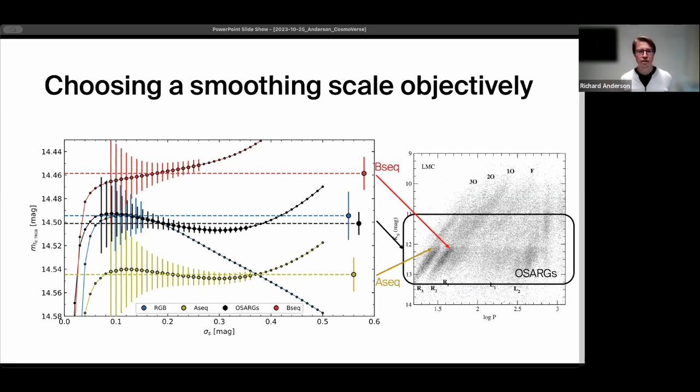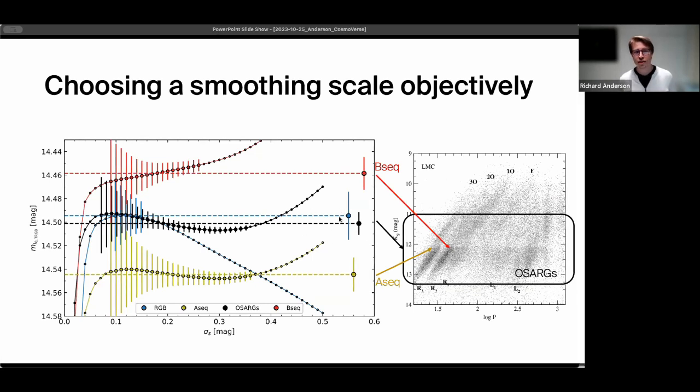We have the A sequence here in yellow and the B sequence here in red. You already see that these lines are not at the same magnitude for the TRGB. So what we see is that the B sequence and the A sequence give significantly different apparent magnitudes in the LMC, and the ozargs are kind of in between, which is maybe not unexpected given that the ozargs contain the A and the B sequence, and in fact, A and B are the most populated in the sample.